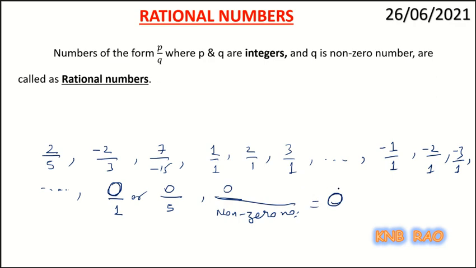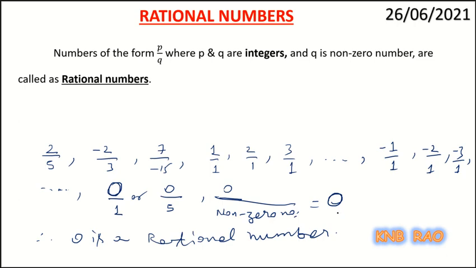Thus 0 is a rational number. Okay, 0 is a rational number.